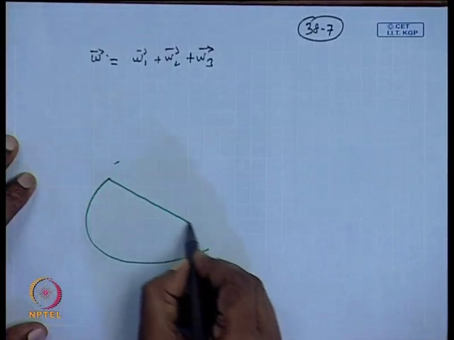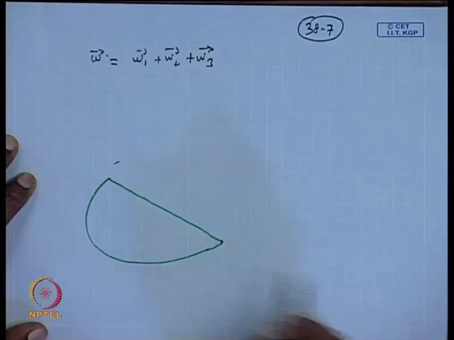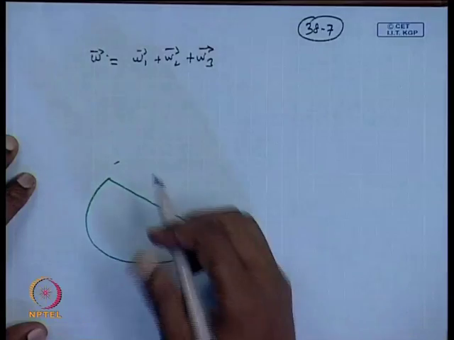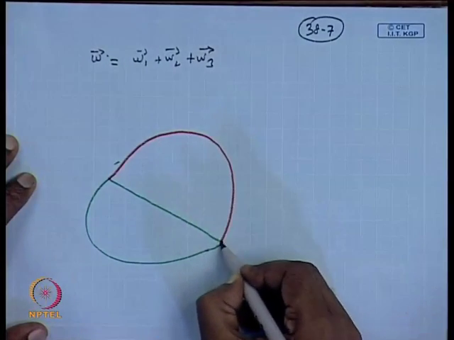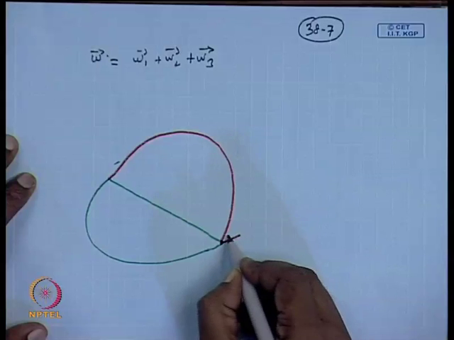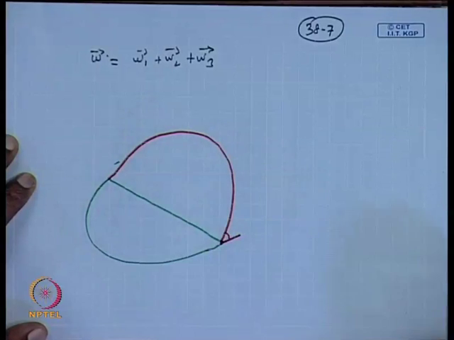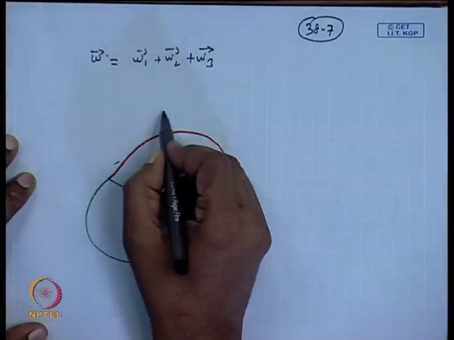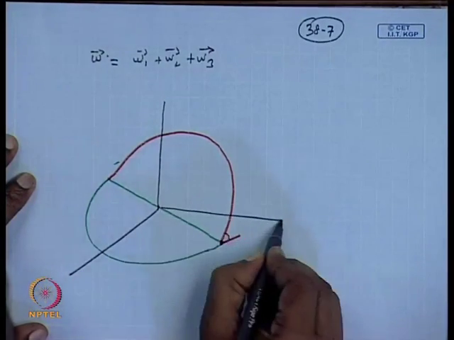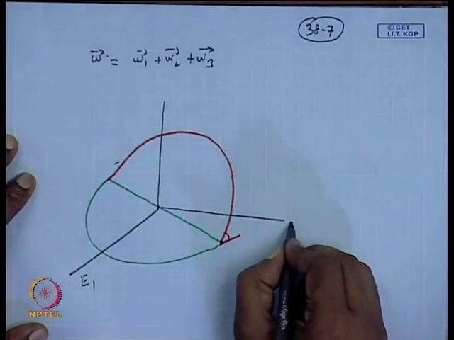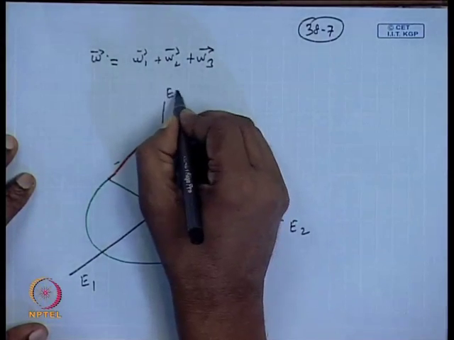Even that figure has become too complicated to indicate anything now. So we have this E 1, E 2 and E 3.